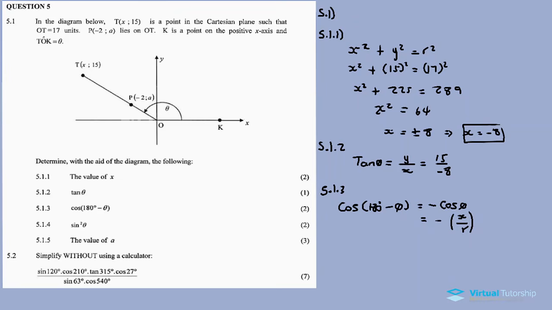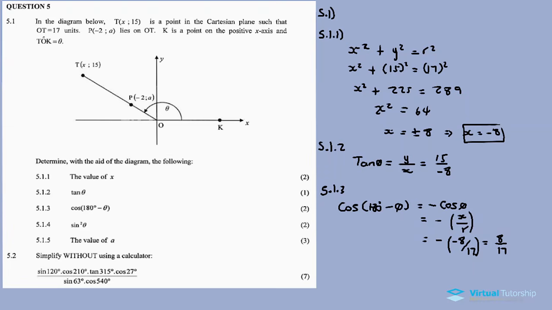Then we substitute x as negative 8, and r is 17. So in brackets negative 8 over 17, negative times negative is positive, so it's 8 over 17.